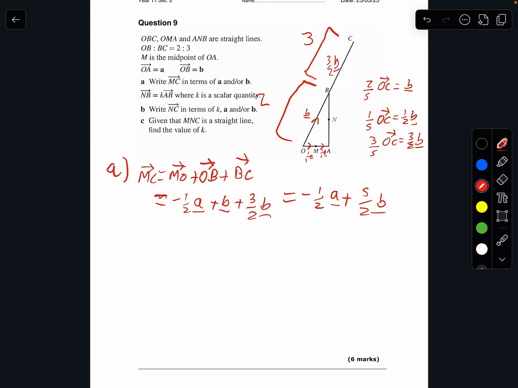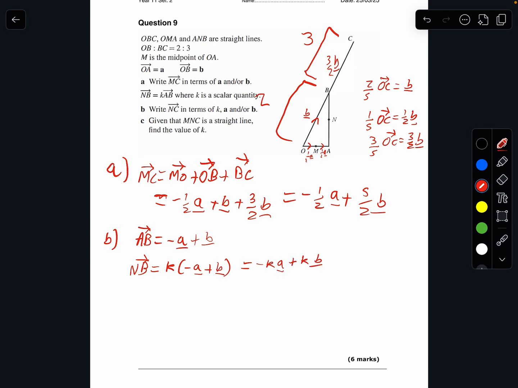Now I want to write N to C as a vector. I know that N to B is some multiple of A to B. Well, let's find out what A to B is. A to B is going to be minus A plus B. I'm hoping that one's obvious. So therefore, if I know that N to B is K times that, I can just put K times minus A plus B. Well, that's going to be minus KA plus KB.